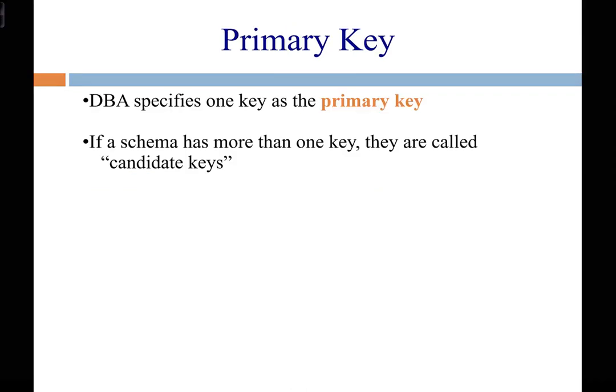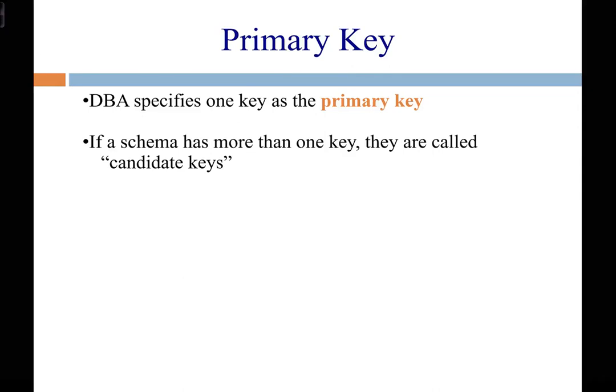Okay, so the database DBA means a database administrator, or the database designer, which will be you for this class. You specify one special key called the primary key. You can specify multiple keys or just one key. Every table has to have at least a primary key.